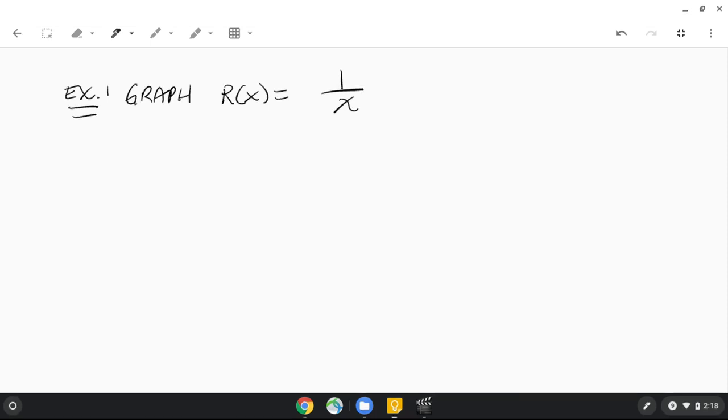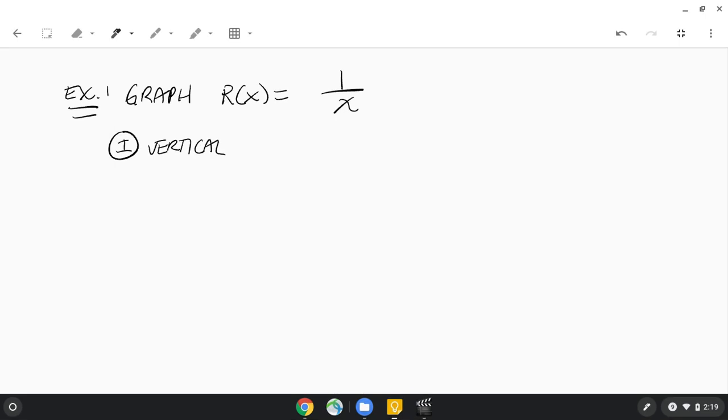For our vertical asymptotes, we'll do this in parts. That's where the denominator equals 0.